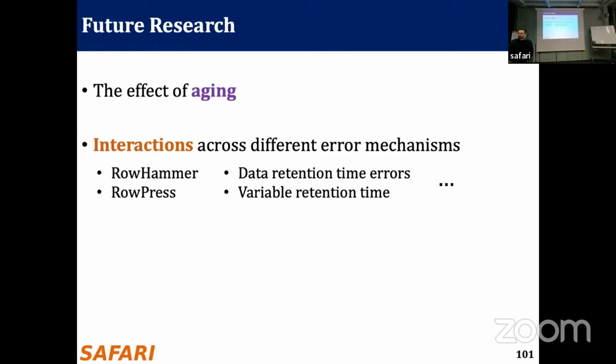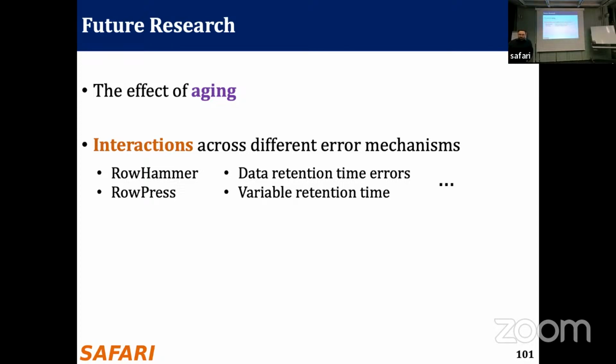Data retention time is a very straightforward one. Variable retention time is still a mystery that needs to be solved. More characterization is needed for that, and also we need to see the interactions across them and their cumulative effect on the system reliability as well.